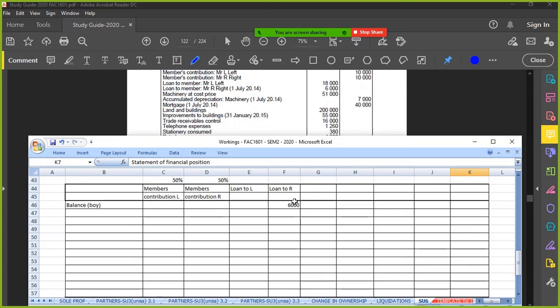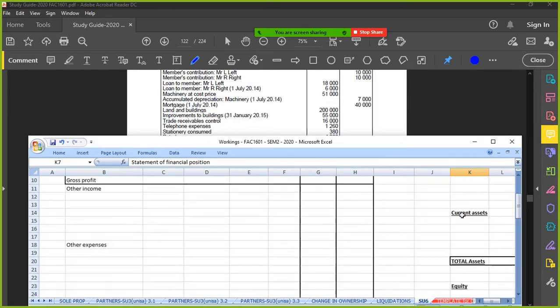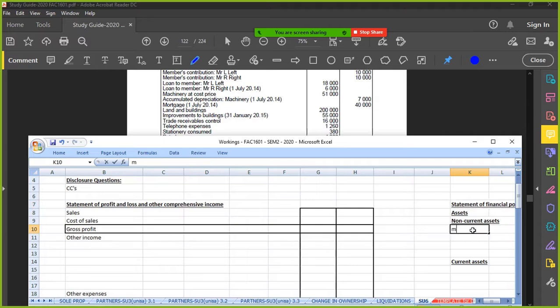Okay, what's next? Machinery at cost would be an asset on the statement of financial position. So machinery in brackets, the cost was 51. Next, accumulated depreciation, 7,000, so I'd minus it.